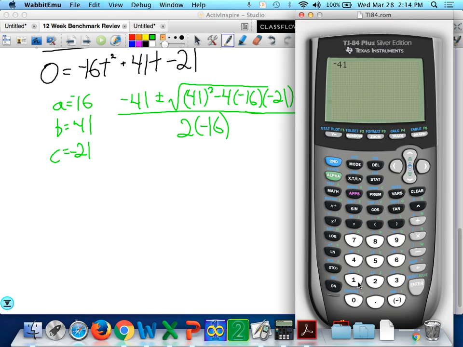Negative 41 minus, actually I should probably do parentheses, negative 41 minus square root of 41 squared minus 4 times negative 16 times negative 21. Close some parentheses. That'll end my square root. That'll end my numerator. I'll divide by negative 32.